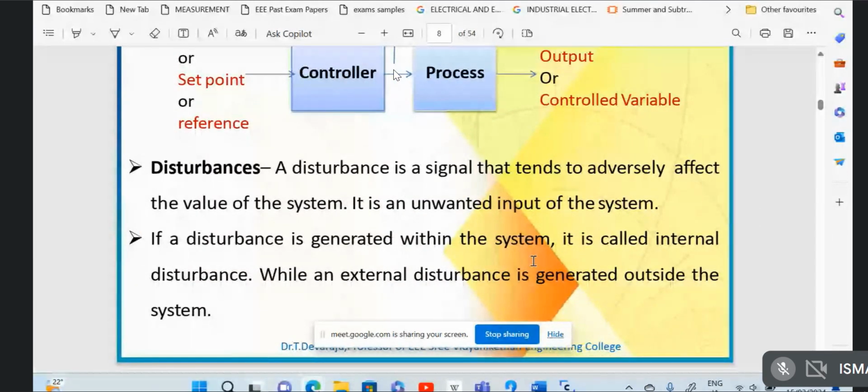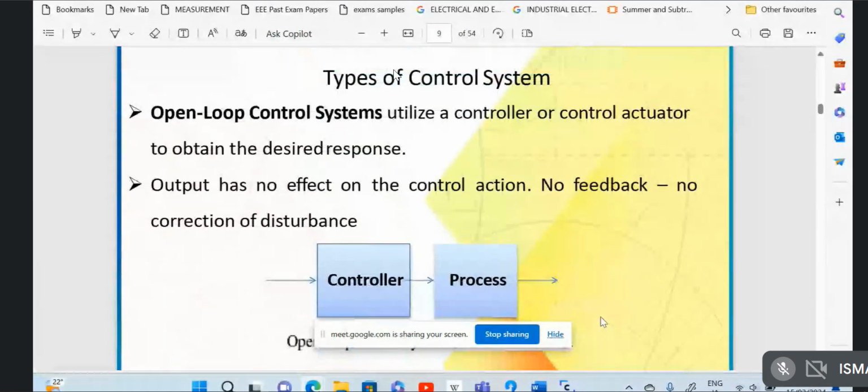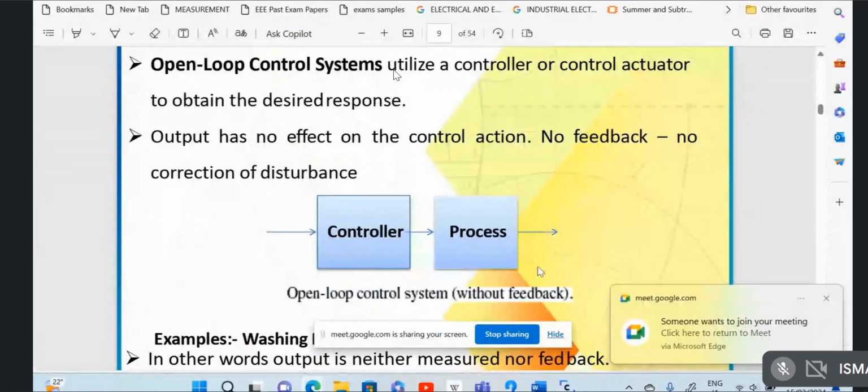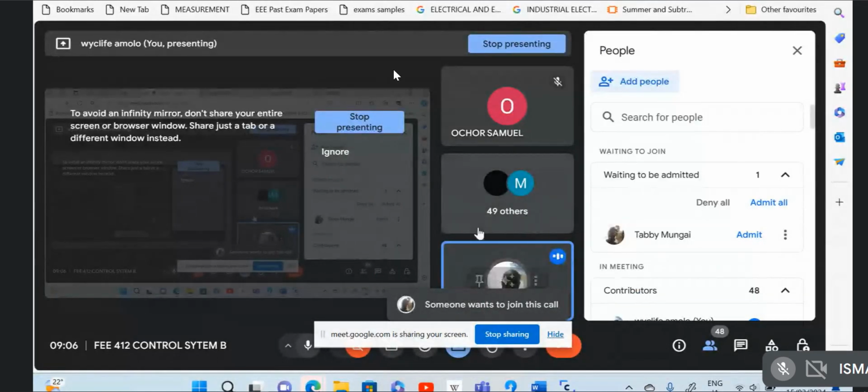So we call it a disturbance, while anything external is said to be outside the system. So this one, you have gone through the open loop, because the loop you know it. So that one should not worry you.